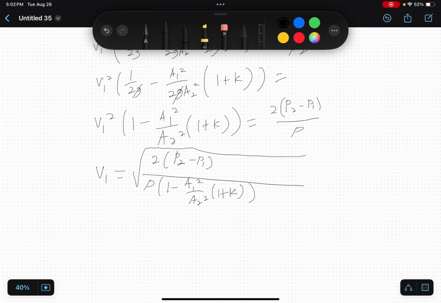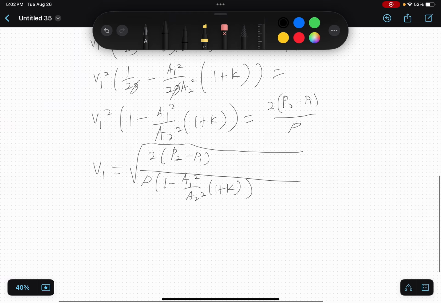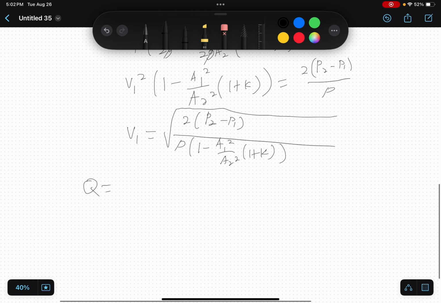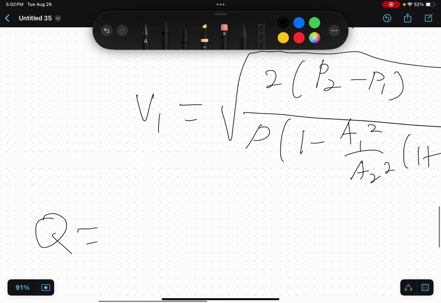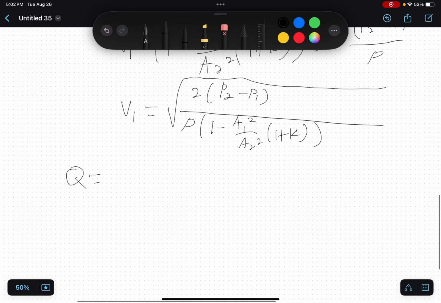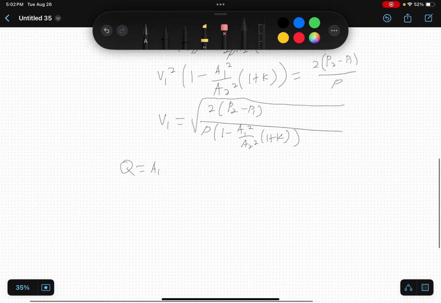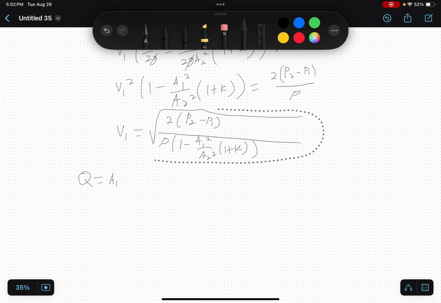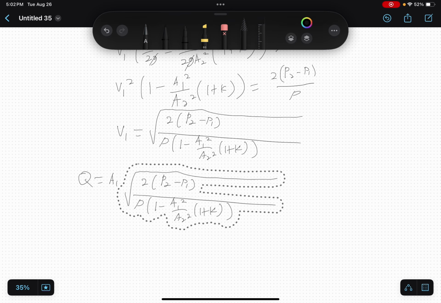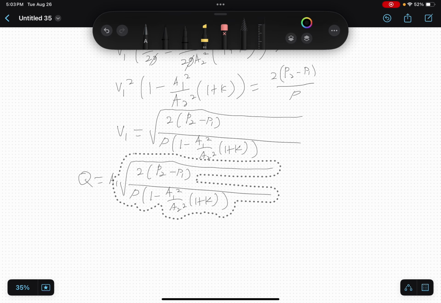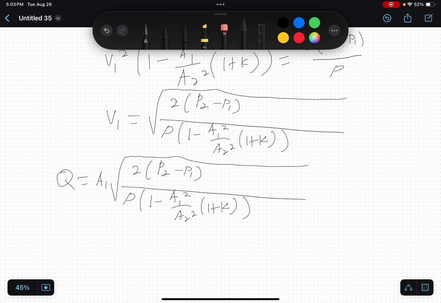And then, okay. And our whole goal was to find Q, and that equals V1 A1. And we have V1. So now we just say A1 times this whole thing. Cool.